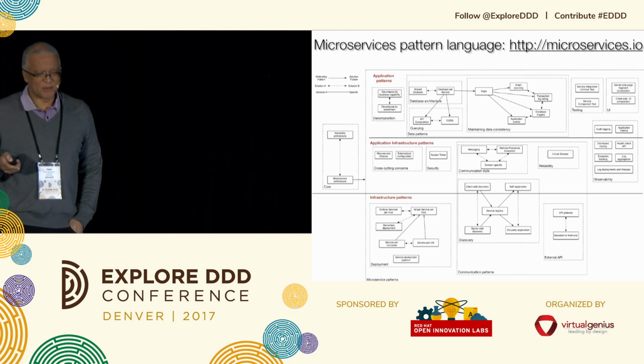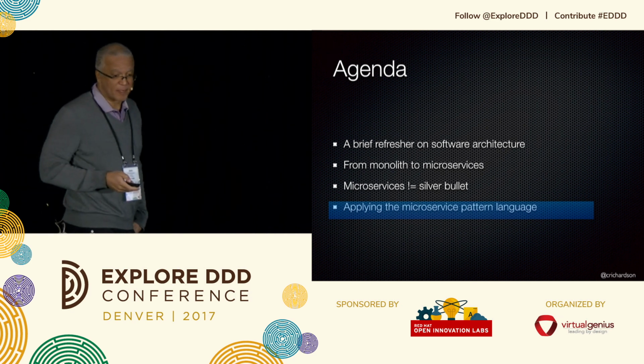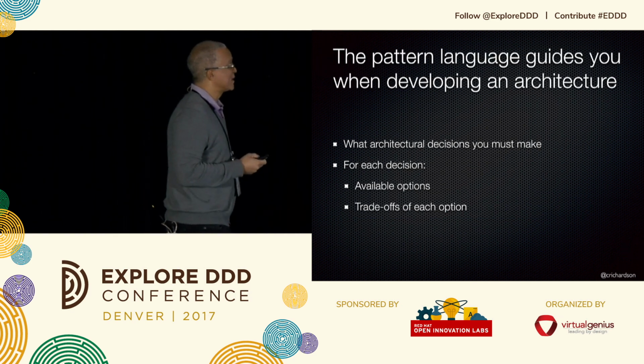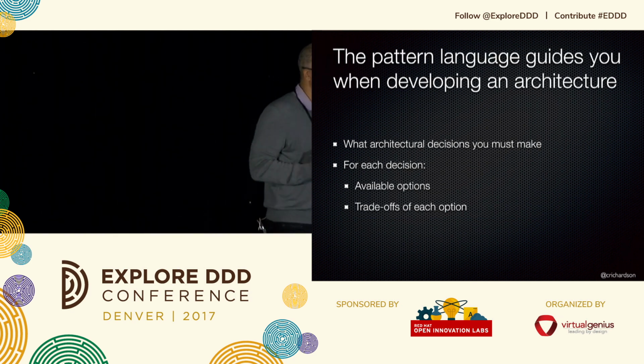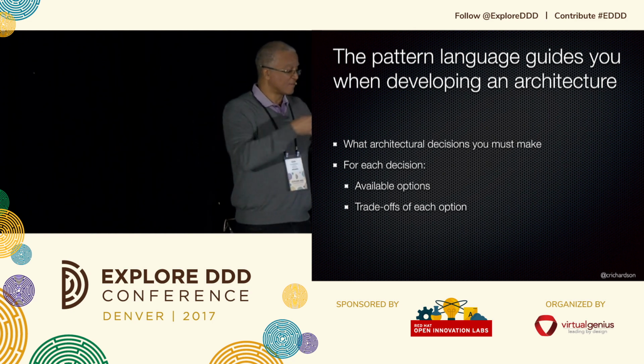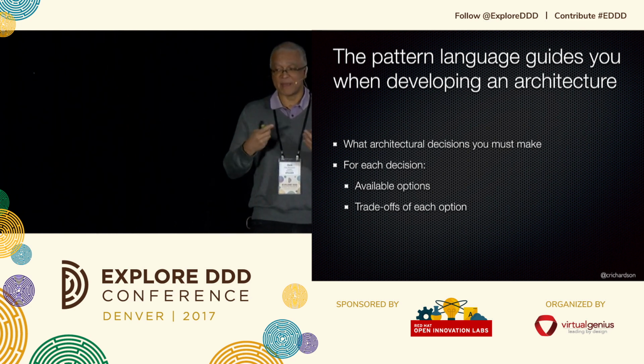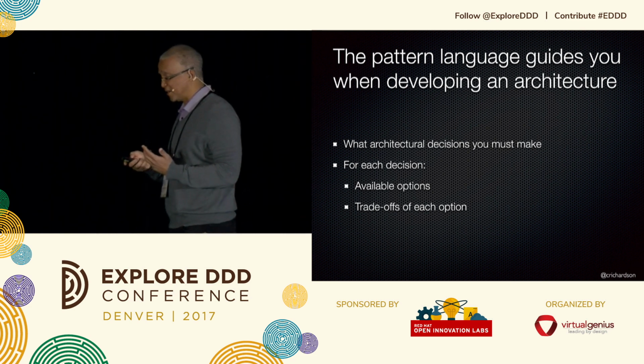So I'm going to just quickly step through this in the remaining time. Basically, the idea with the pattern language is that it guides you in terms of the decisions that you must make, and then for each decision, what the available options are and what their respective benefits and drawbacks are.